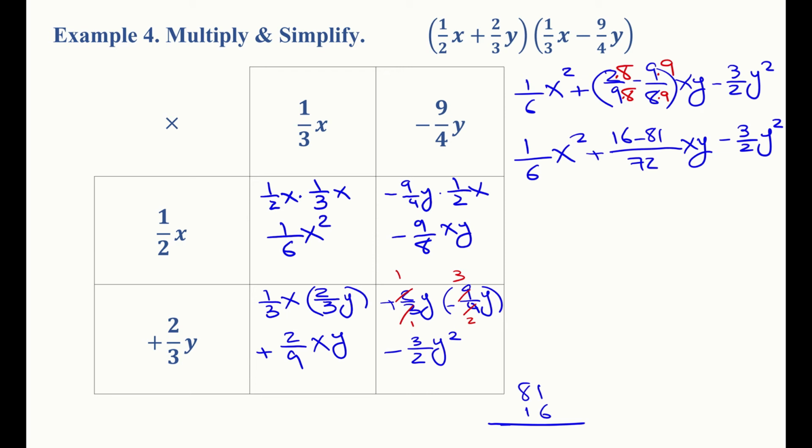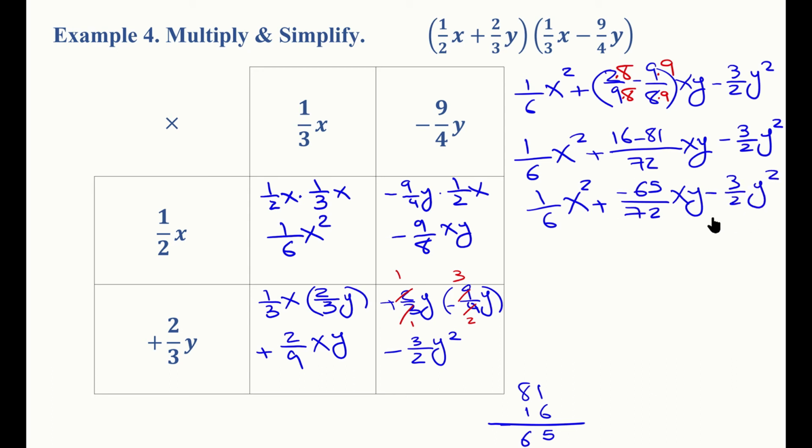We'll adjust the sign. 6 from 11 is 5, and 1 from 7 is 6. So we have 1/6 x squared. The overall answer there will be plus negative 65/72 xy minus 3/2 y squared.